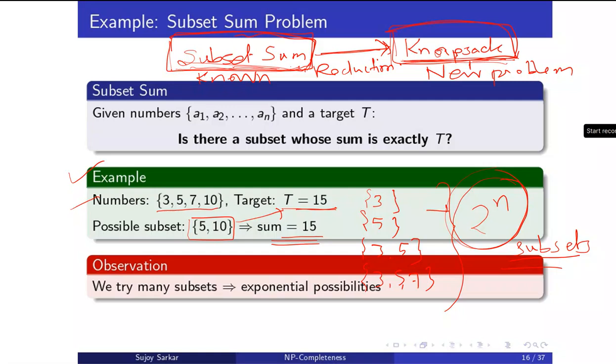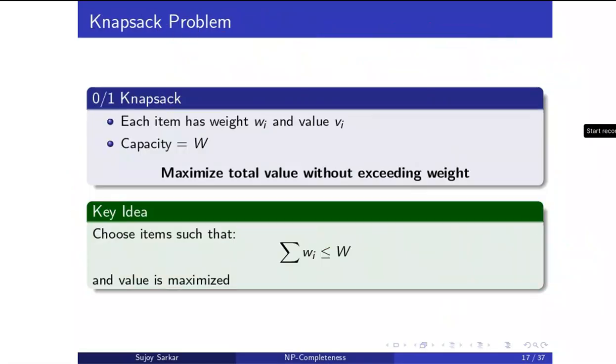Now, can I take this problem and convert it to the knapsack problem? So in the knapsack problem, we know that you will be given some items with weights and values, and a knapsack or a bag with some capacity W, and the question we ask is, without exceeding the capacity, what is the maximum value we can gain?